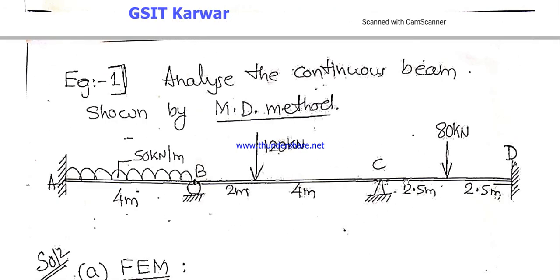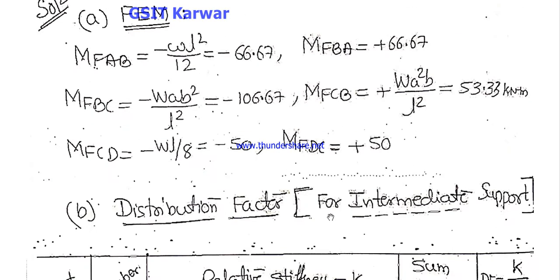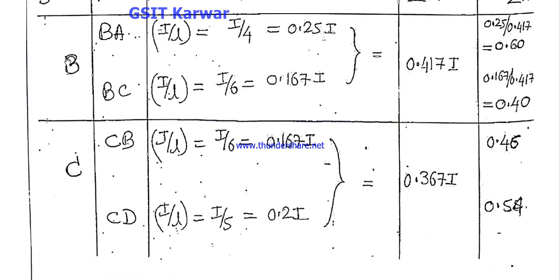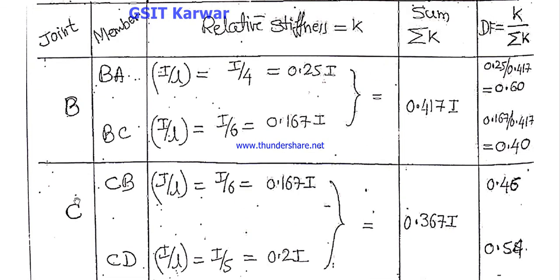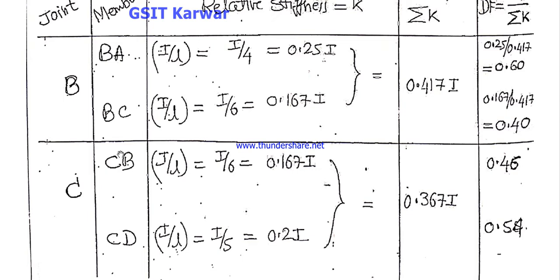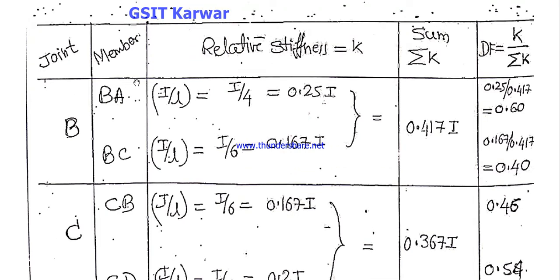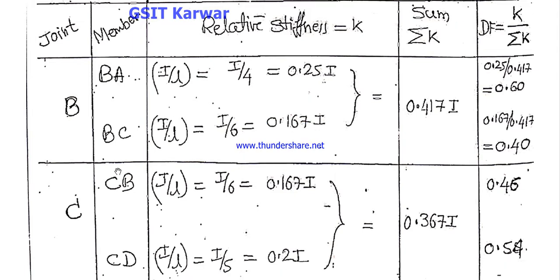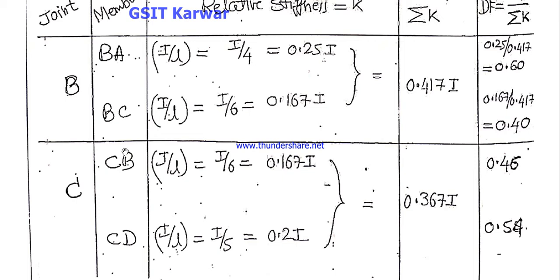Supports B and C are the intermediate supports. So you can take joint B and joint C. Here, in joint B the members are BA and BC, and in joint C the members are CB and CD.